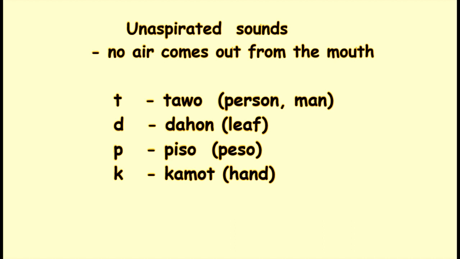Dahon, no air comes out from the letter D. Piso, no air comes out when you say the P sound, and kamot. So it's not the same pronunciation as in English.